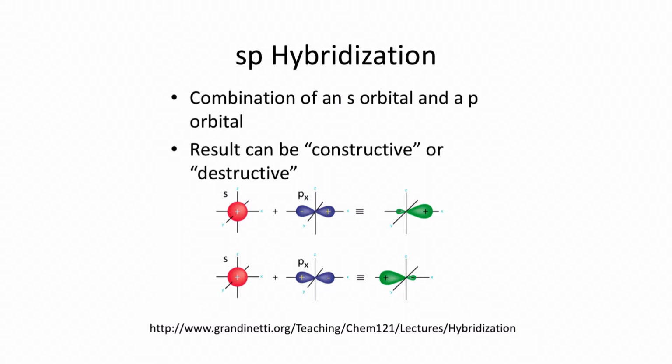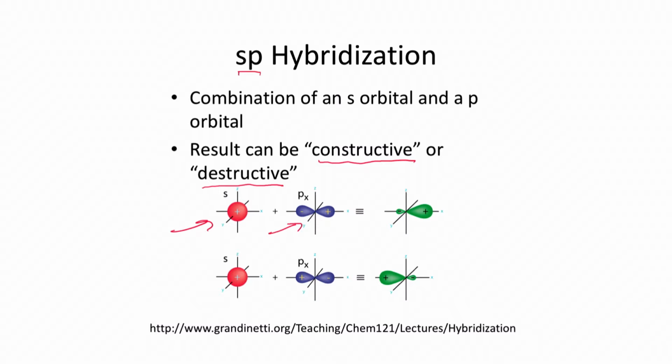For example, we can have sp hybridization. In sp hybridization, we're going to start with an s orbital and a p orbital and combine them. We can combine them in such a way that they add constructively or they can add destructively. And so in this figure, you can see how this works. Here's an s orbital in red.